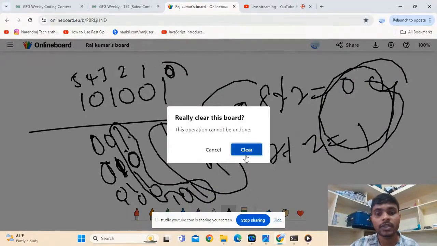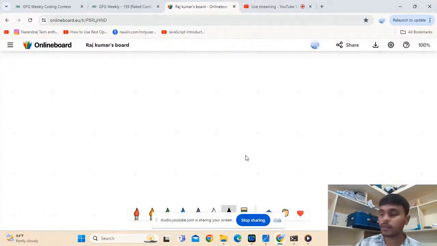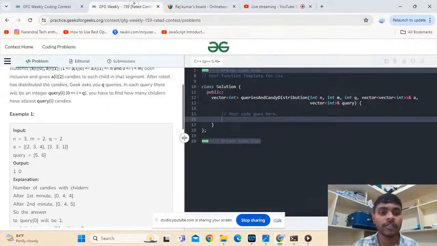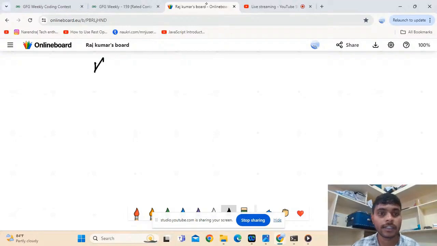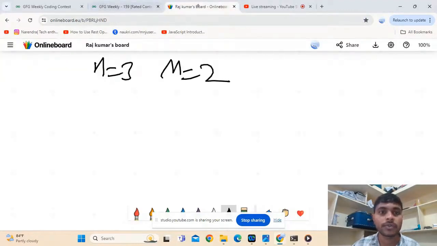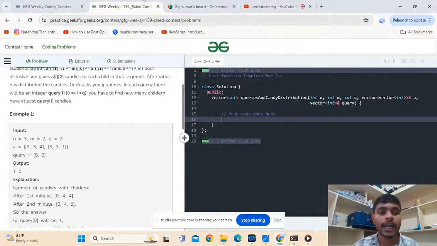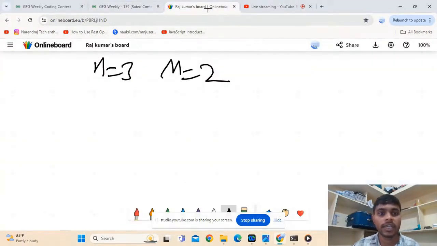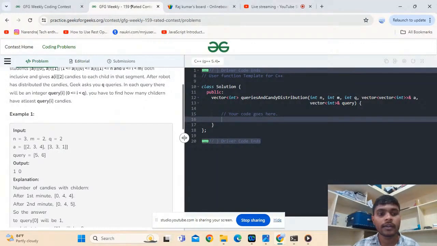Okay, guys, observe. If we take n equal to 3 and m equal to 2, and the array a has 2 comma 3 comma 4, sorry, it is a 4 here, and 3 comma 3 comma 1.